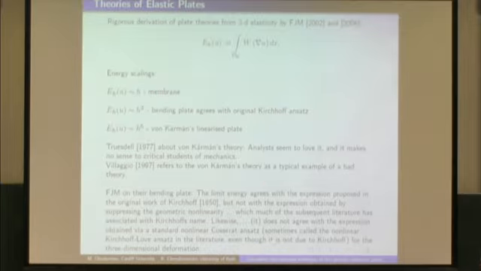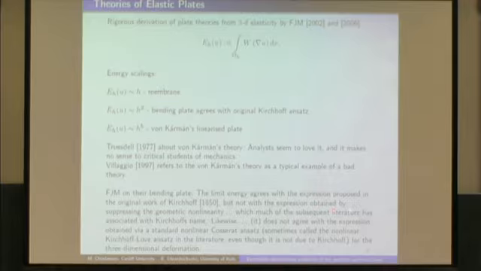And again, I'll quote Friesecke, James and Müller on their bending plate. It's from their work from 2002. The limit energy agrees with the expression proposed in the original work of Kirchhoff. So they talk about this energy scaling, this energy regime. Well, it was proposed by that time, 150 years ago, but not with the expression obtained by suppressing the geometric nonlinearity, which much of the subsequent literature has associated with Kirchhoff's name.